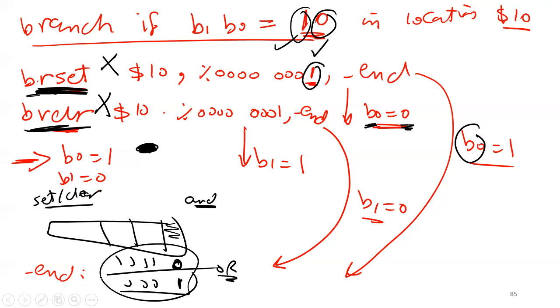You got what I'm saying? So let me tell you the conclusion. The conclusion is that in case of branch set or branch clear, the mask always has 1s in the locations of the bits you want to check. Does that answer your question?